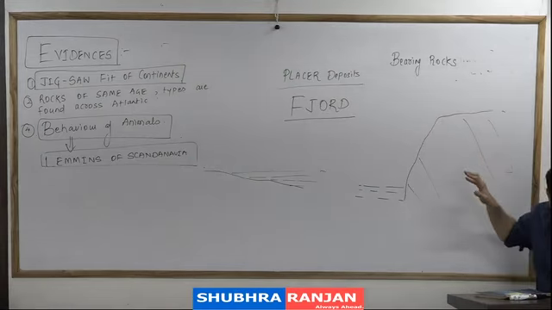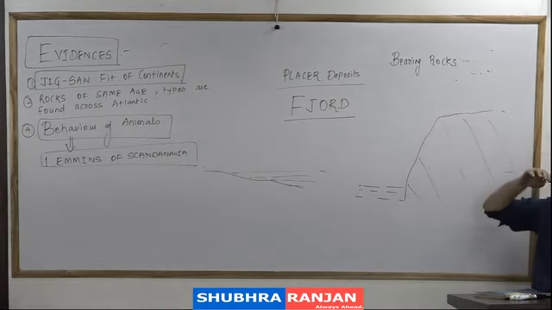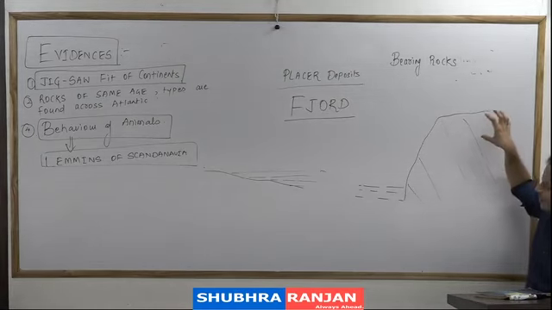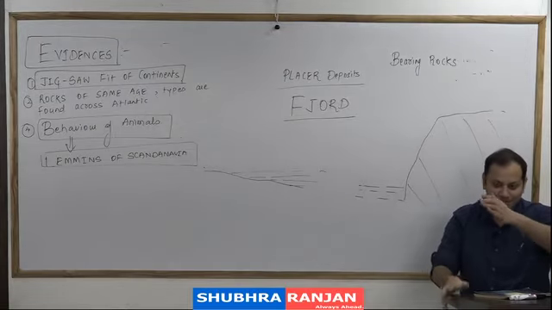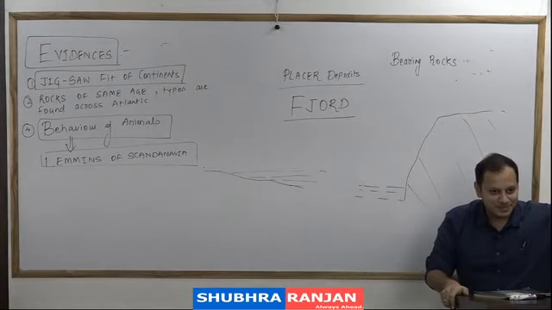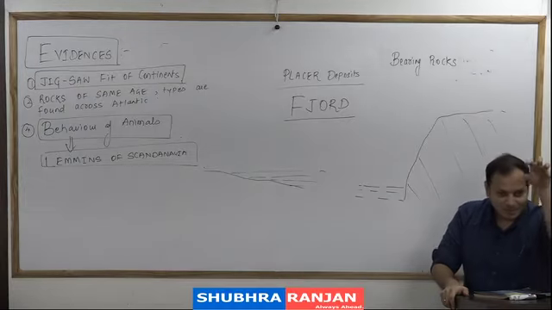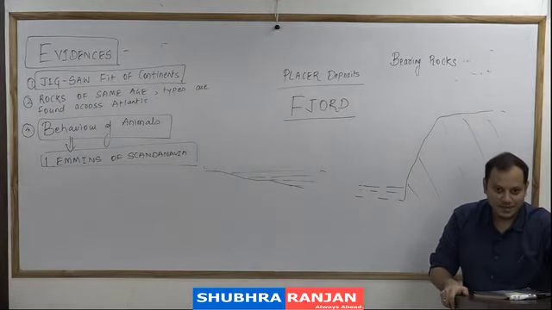Why do they migrate westwards? They migrate westwards because they still think that Europe and America are intact, and therefore they start migrating westwards. But when they reach the coast, most of them fall into the sea and die.